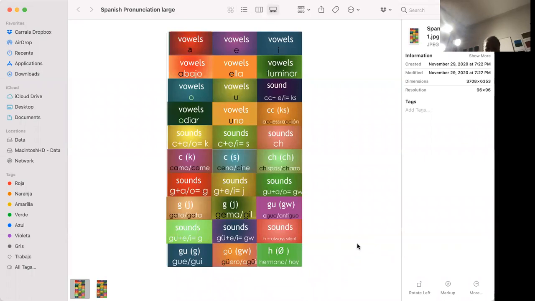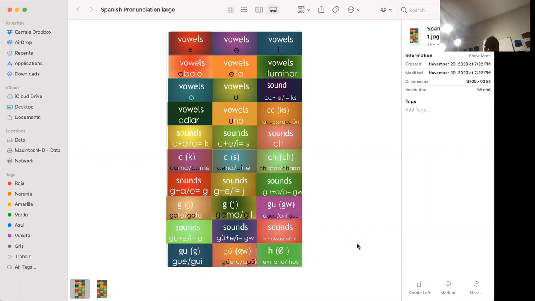And here we're talking about the alphabet, but as far as pronunciation is concerned. So first you're looking at the vocales, which means vowels in English.